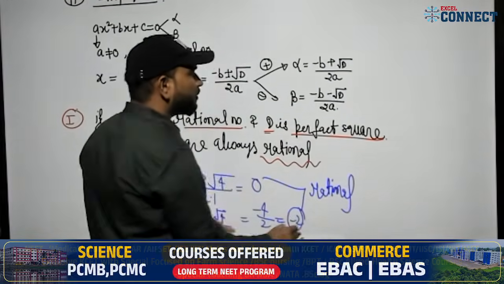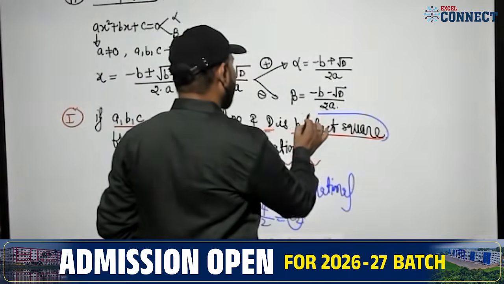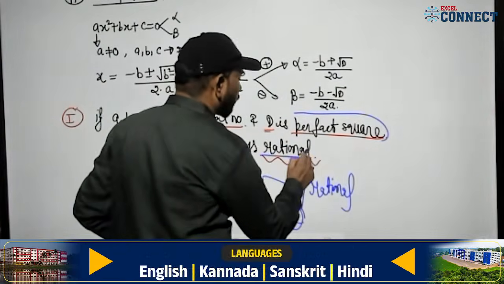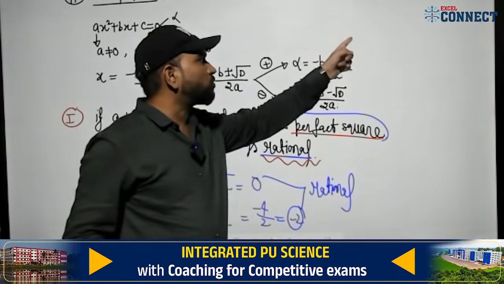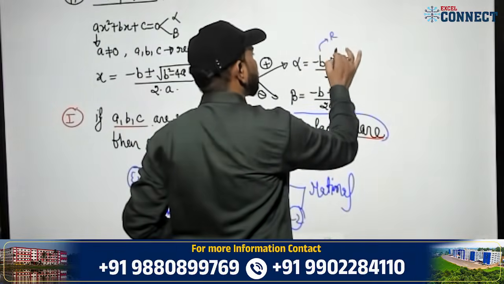So whenever D becomes a perfect square, we get rational roots, because D is a perfect square, so its root comes outside. B is also rational.